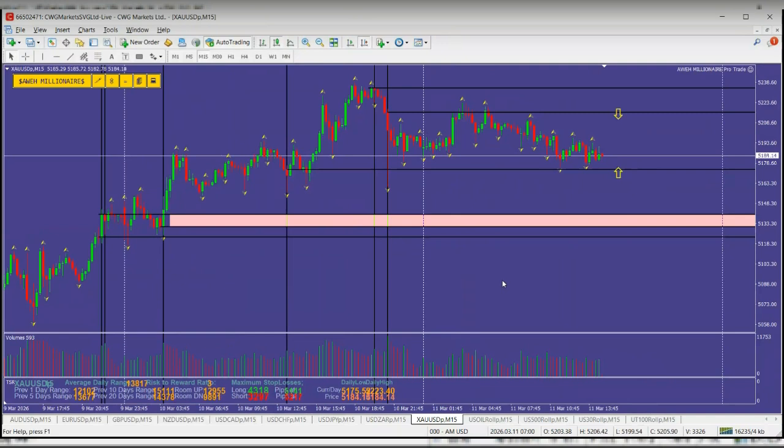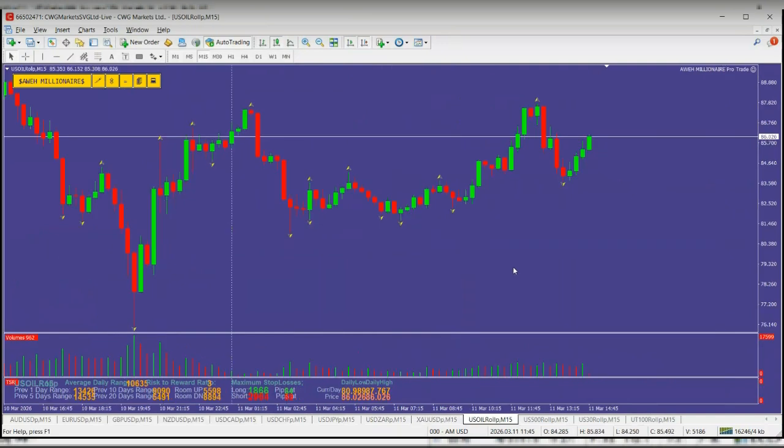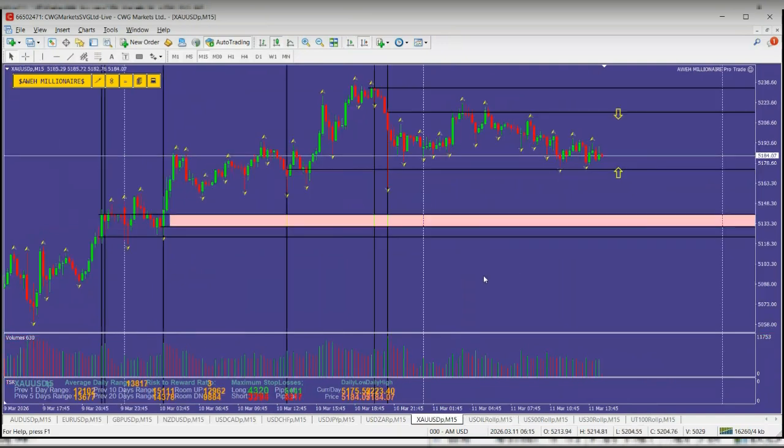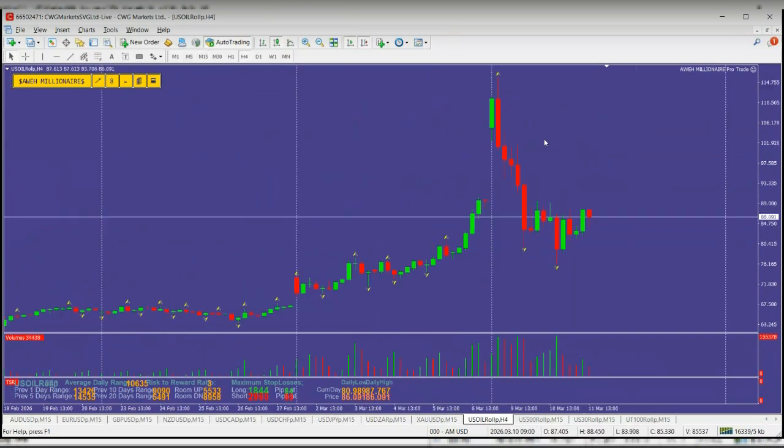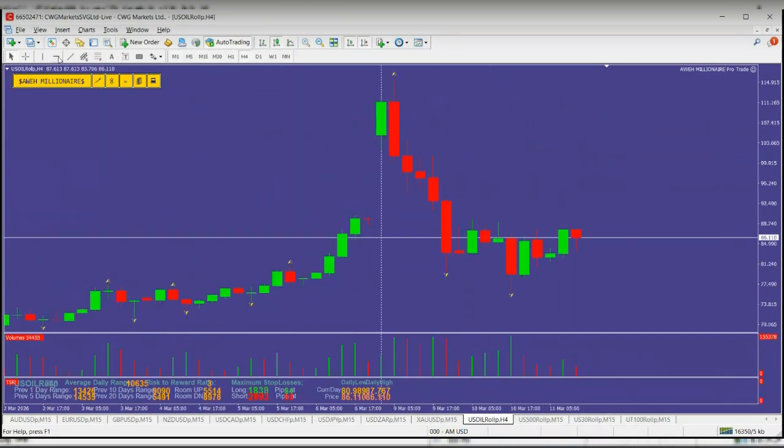Okay, next is US oil, WTI crude oil. So WTI crude oil, starting on the 4-hour chart here, we have a potential level of demand here.